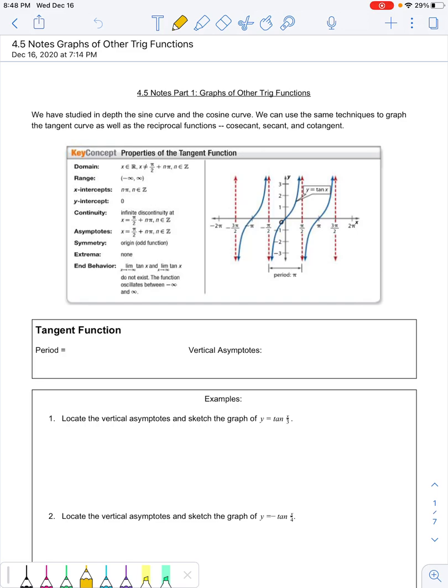So looking in your notes, you notice properties of the tangent function. Kind of already talked about those already. Feel free to read those. You might notice the end behavior actually uses some calculus in there, talking about limits, talking about behaviors of functions.